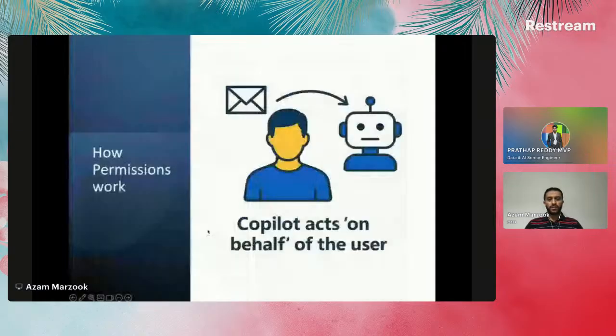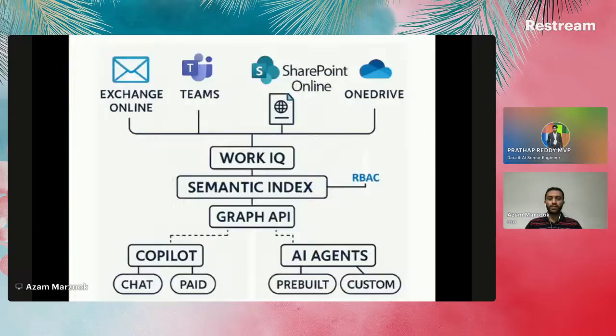Okay, the way the permissions work for Copilot is when you get access to Copilot, let's say you've been assigned a paid Copilot license, which has the ability to go into your SharePoint, OneDrive, Teams, and Exchange Online.